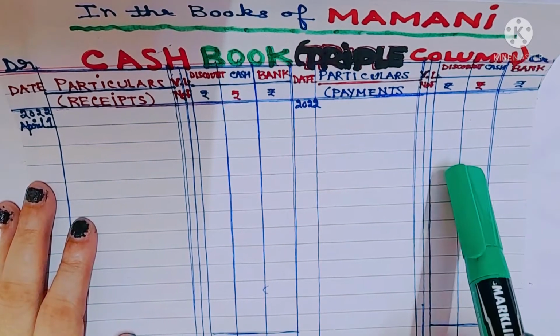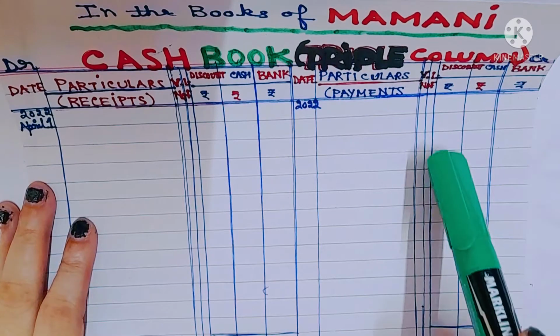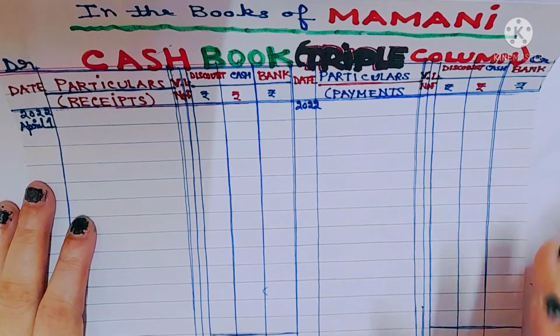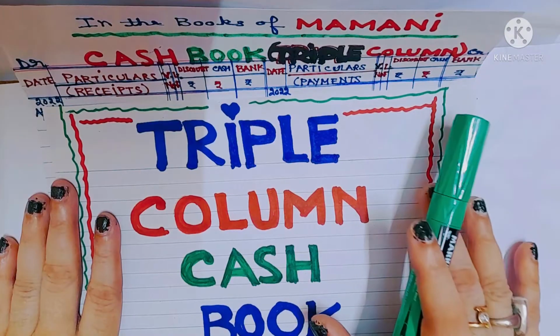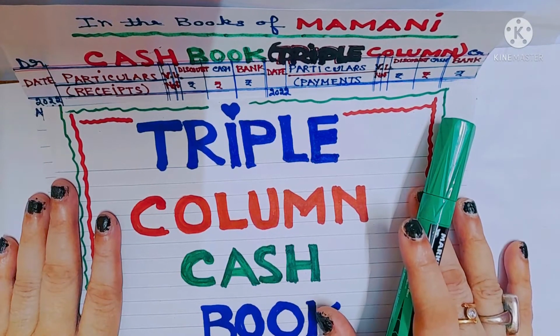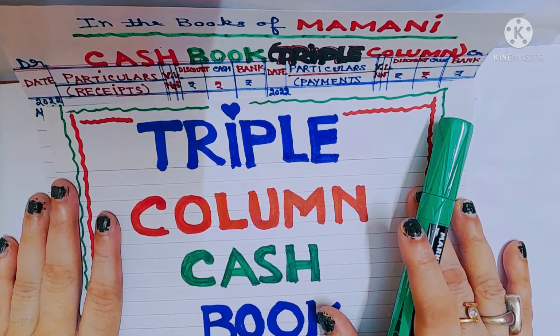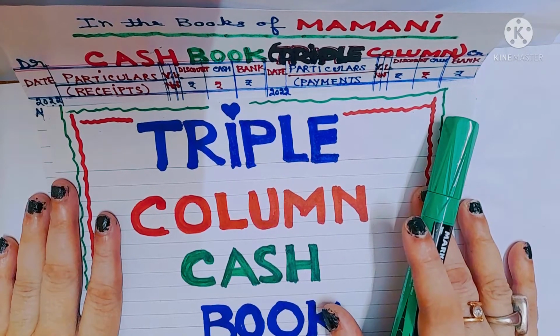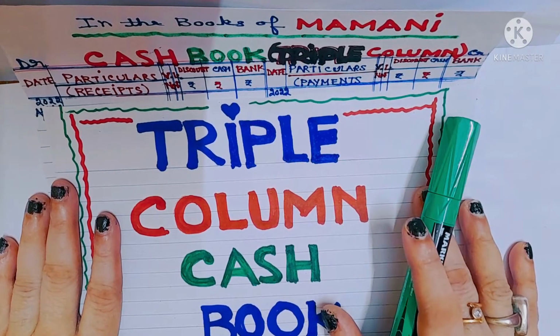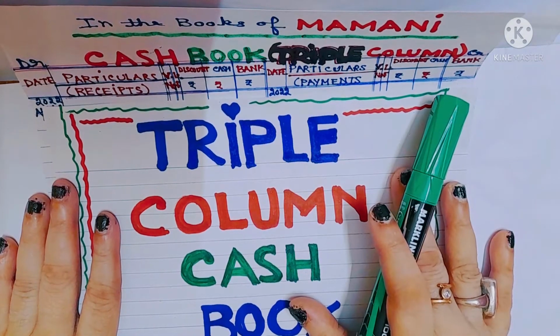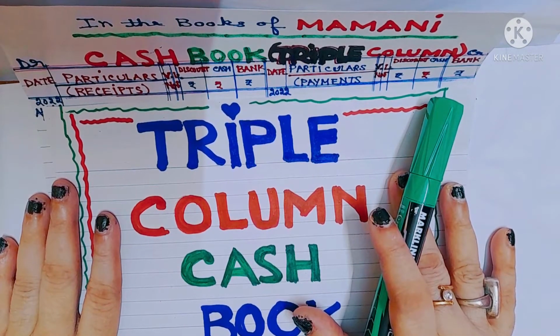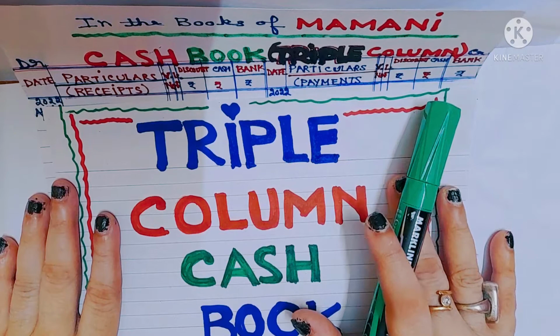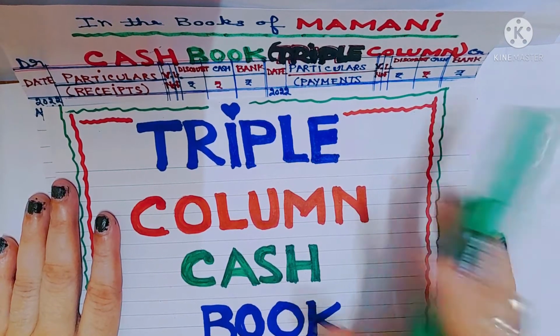When discount is received, you have to record it in the discount column on the credit side. In big firms, transactions are not done in cash. All cash receipts are deposited with the bank and all payments are made only through checks. And discount is also allowed and received.